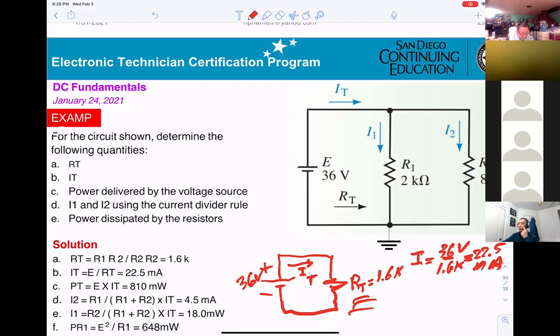And in this one, they want to calculate the P total. Total power equals V times I total. V here will be 36. I total we just calculated will be 22.5 milliamp.